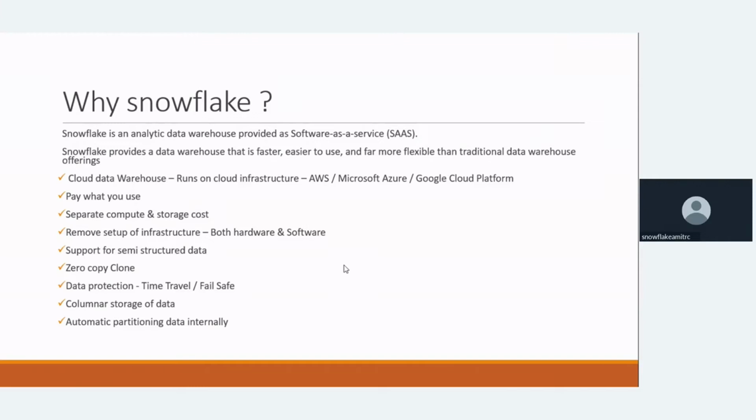Once it copies the address, it will point to the same location where table A is pointing. So table A and table B both take the data from the same file system. That's the reason it is not occupying separate memory space, and we are saving 1 GB. This is the benefit of zero copy clone.